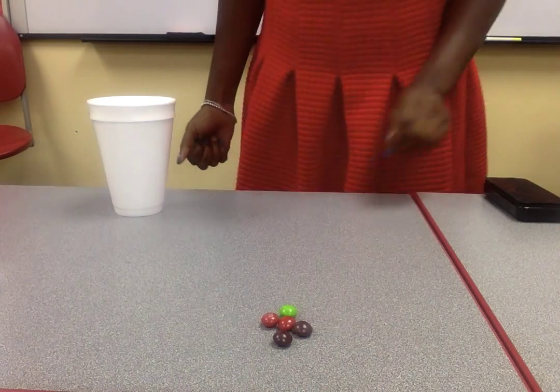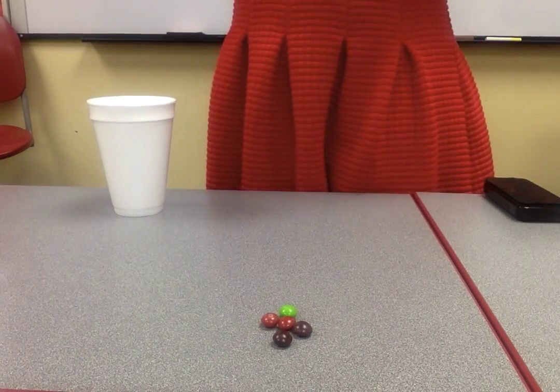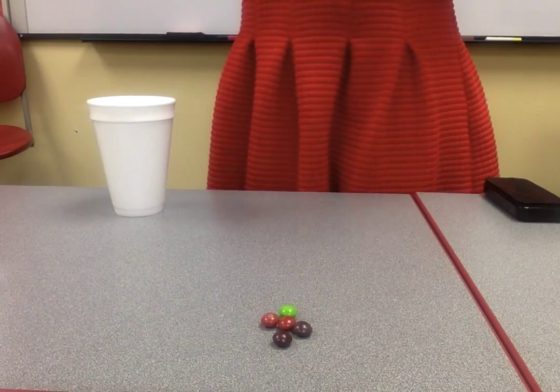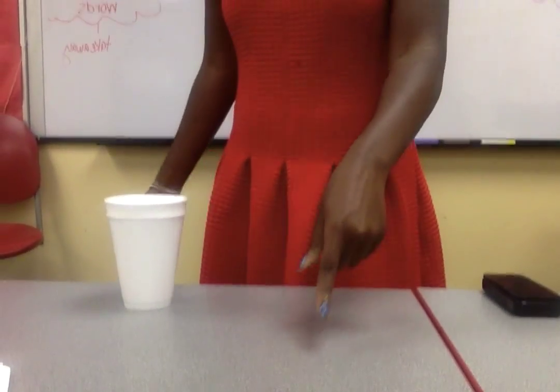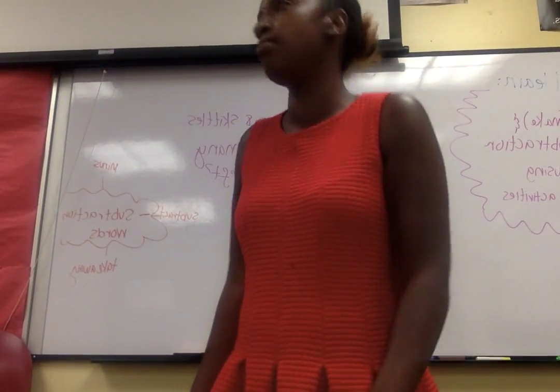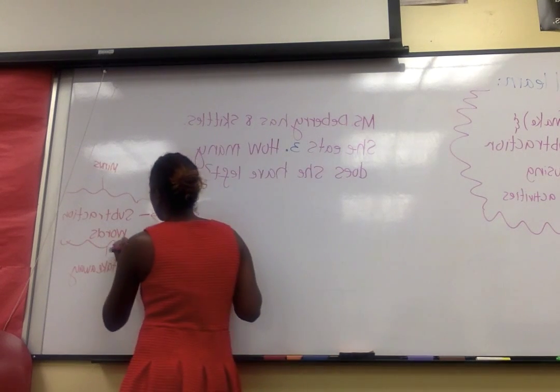Smaller. Okay, well, we know when something is smaller, we use subtraction. So can we use that same idea and say that 8 is a subtraction word because we started with something and now we don't have it anymore? Let's add 8 to our subtraction word.